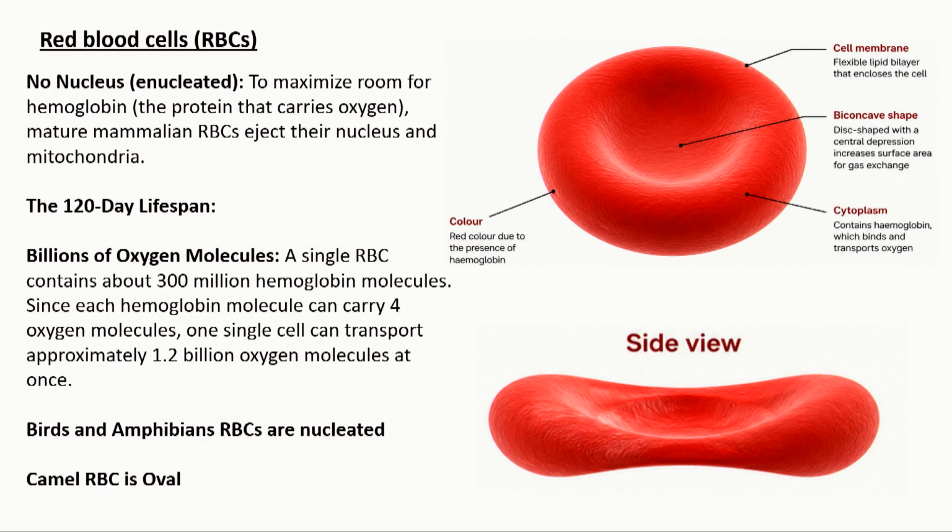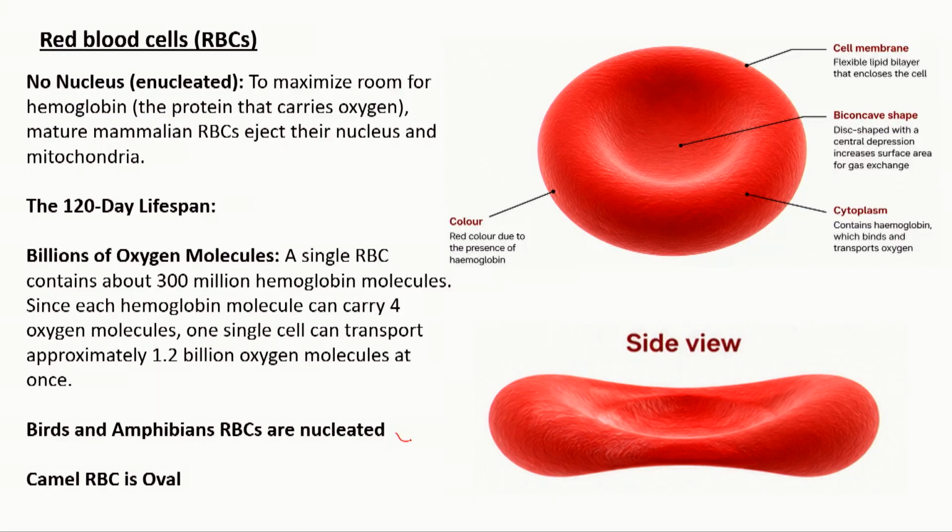We are not calling it non-nucleated, because non-nucleated stands for no nucleus, but enucleated stands for the RBC which, when formed from the bone marrow, contains a nucleus, but during the course of maturation loses the nucleus in order to create more and more space so that oxygen can be entrapped there.